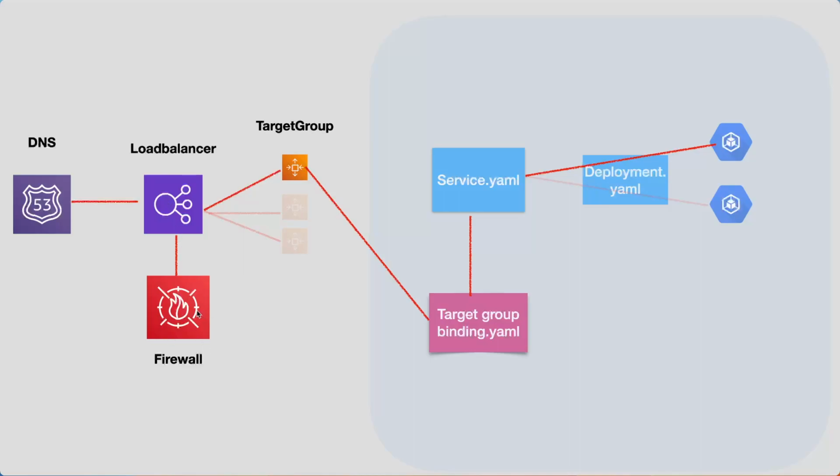That's a WAF in AWS. Then the load balancer routes our traffic to the target group. This target group is connected to the EC2 node in Kubernetes. Then it will be connected to the service, and the service connects to the pod. But let's go deeper into this in detail.